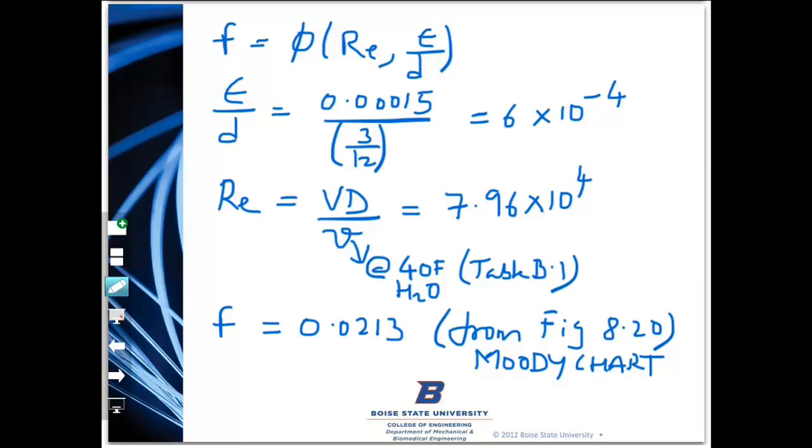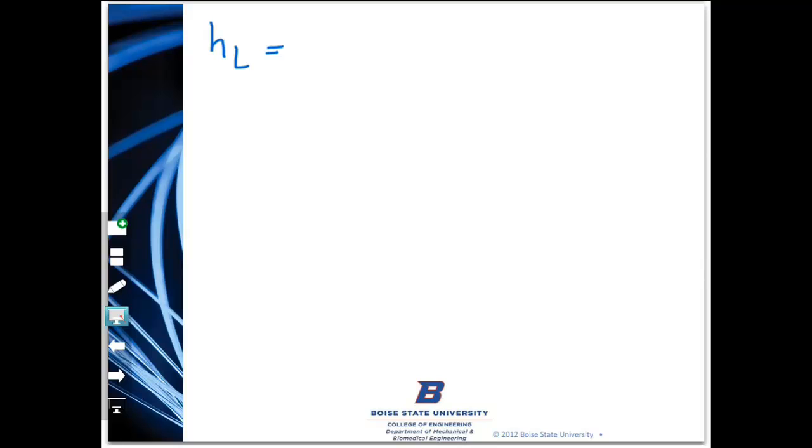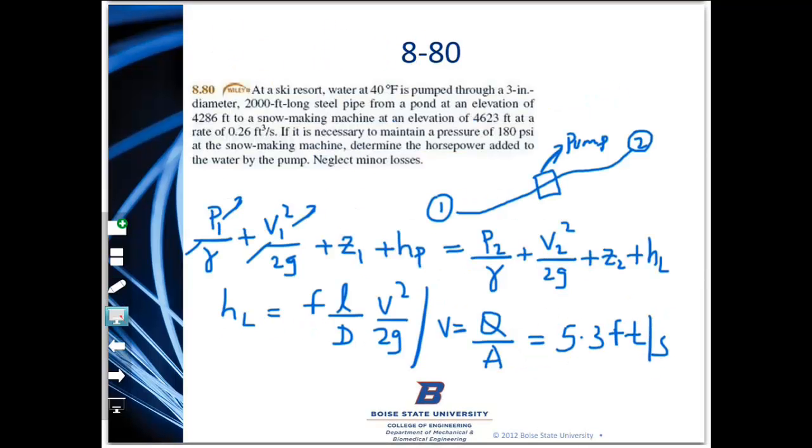Okay, so now you have everything to compute HL. So HL, just substitute that in this equation here. Then you get HL as 74.3 feet. Okay, so once you get HL, you can see that in this equation, the only unknown will then be HP, which you can solve.